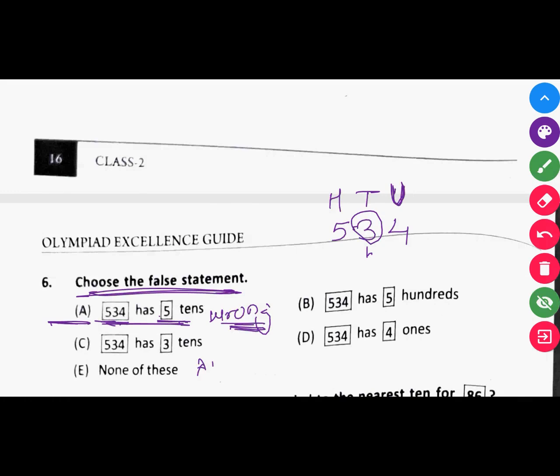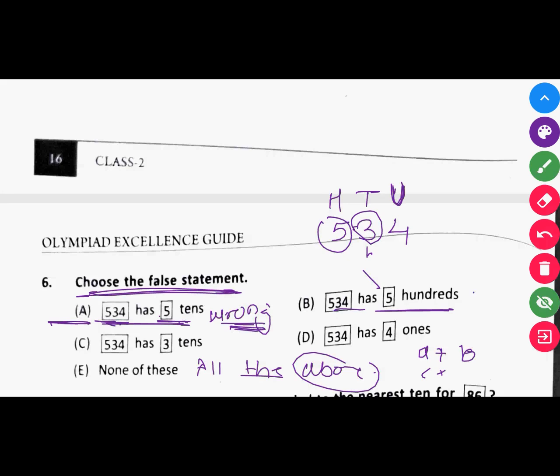But sometimes "all of the above" is there in the options. So we have to go through all the options carefully. Sometimes two options are there, A and B or C and D. So you have to go through all the options and then confirm your answer. Now 534 has 500.